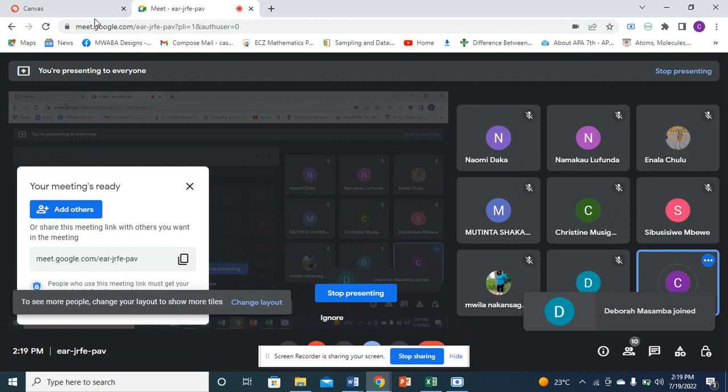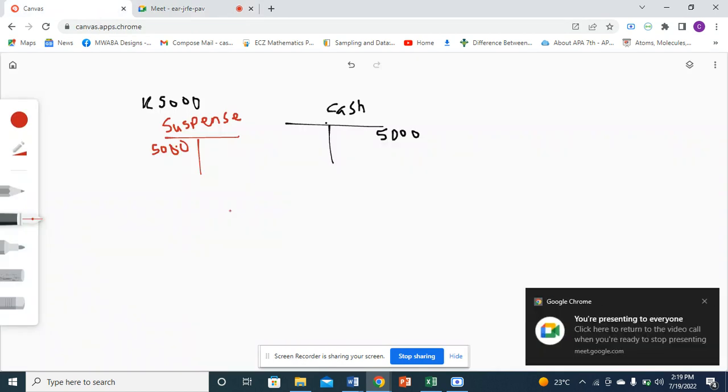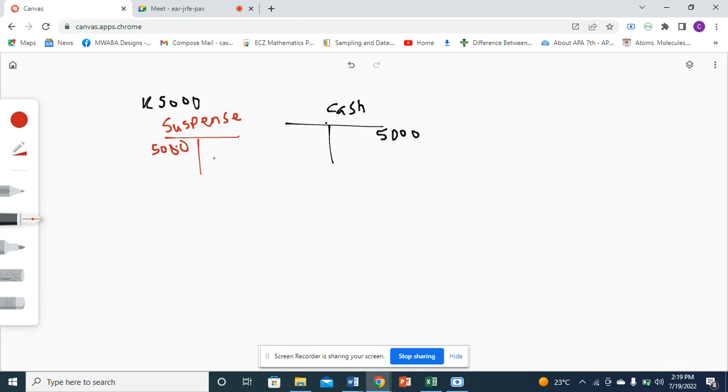the next journal entry is you have to close this suspense account and debit the equipment account. After you found out which account you have to debit, you open the equipment account.